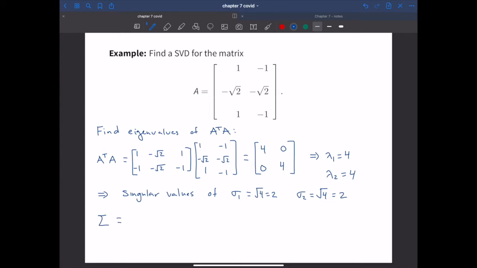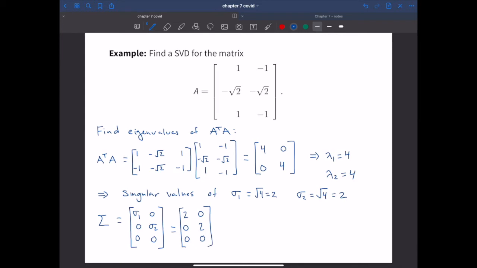Now remember, our sigma matrix should be the same size, the same shape as the original matrix A. So it's going to be a 3 by 2 matrix. And we start off by putting our singular values along the diagonal, and then filling in the rest of it with zeros. Now in this case, we had room for both of them, which is good. And again, remember, you'll always have room for the non-zero ones. So we can fill up our sigma matrix like that.